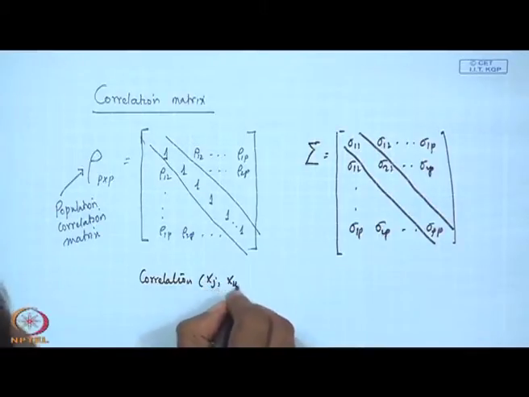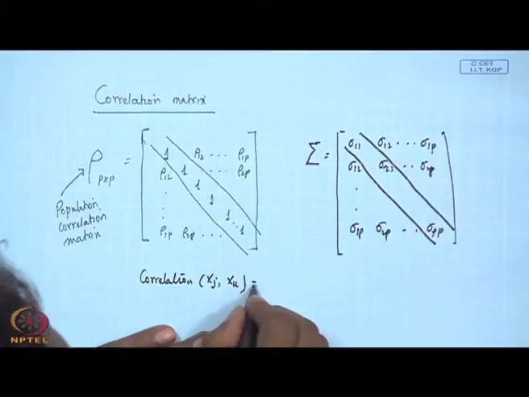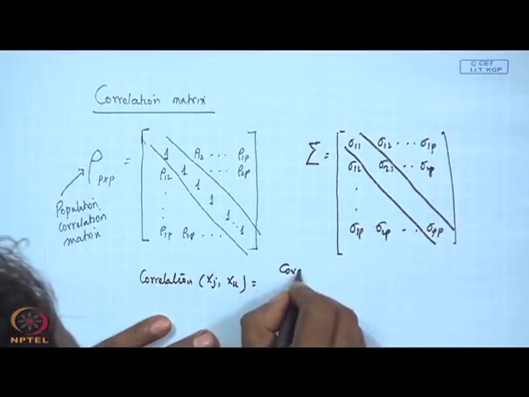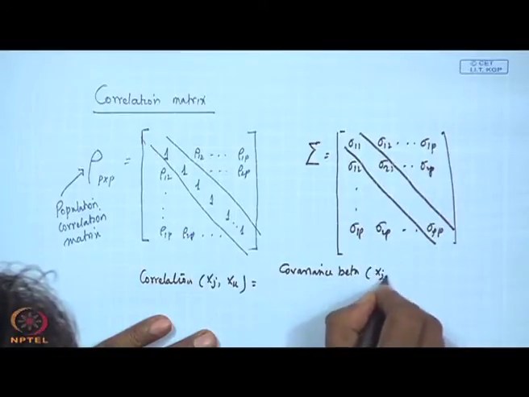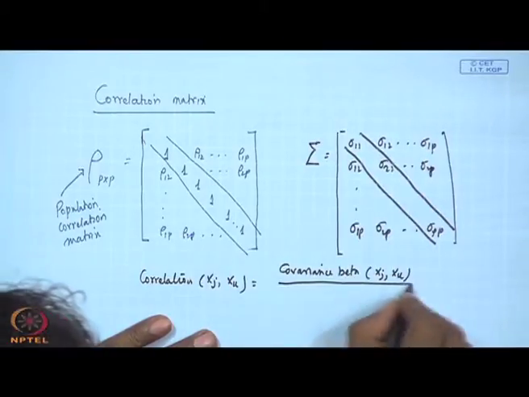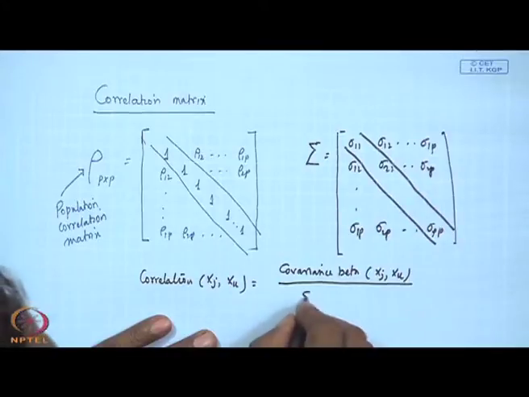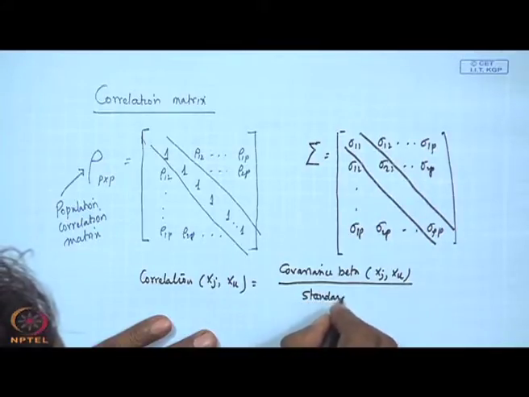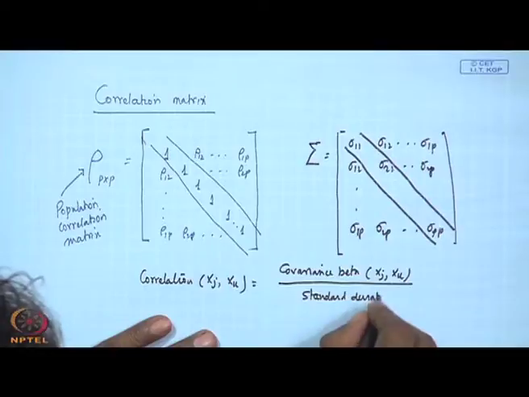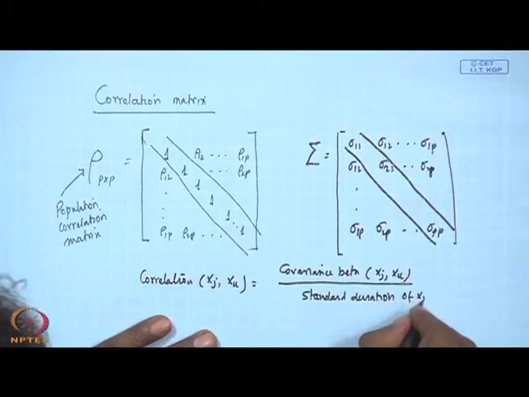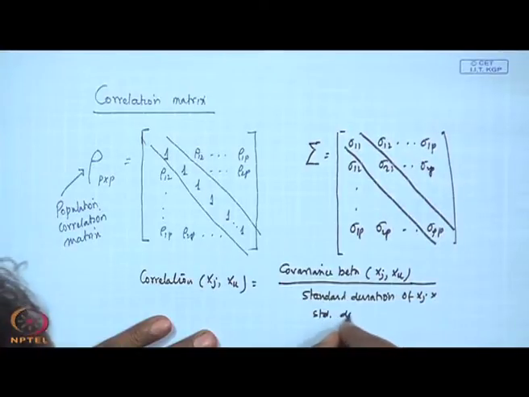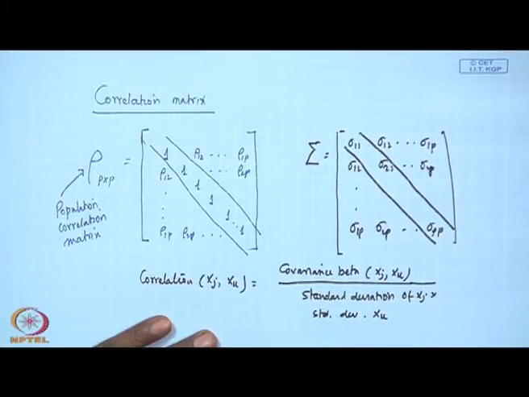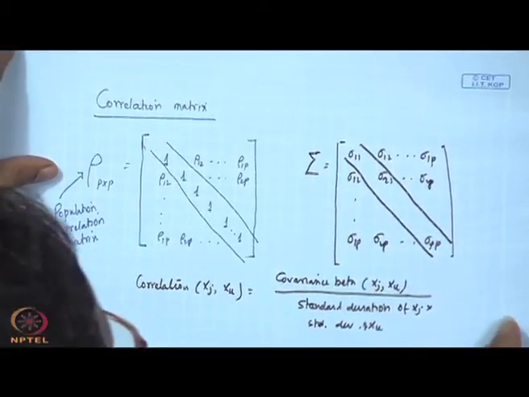So, what is the correlation between x_j and x_k? You can write this as the covariance between x_j and x_k divided by the standard deviation of x_j times the standard deviation of x_k.